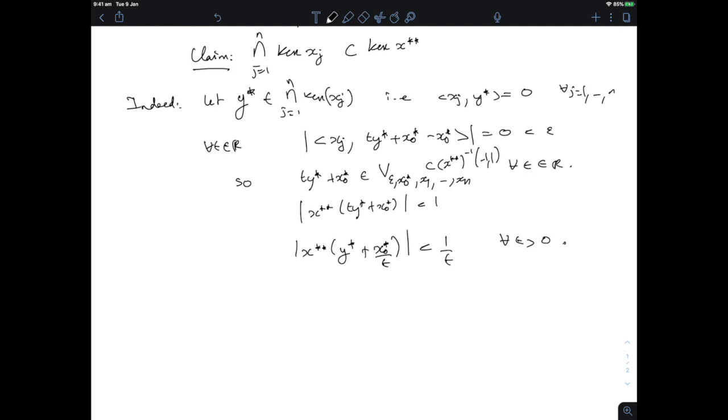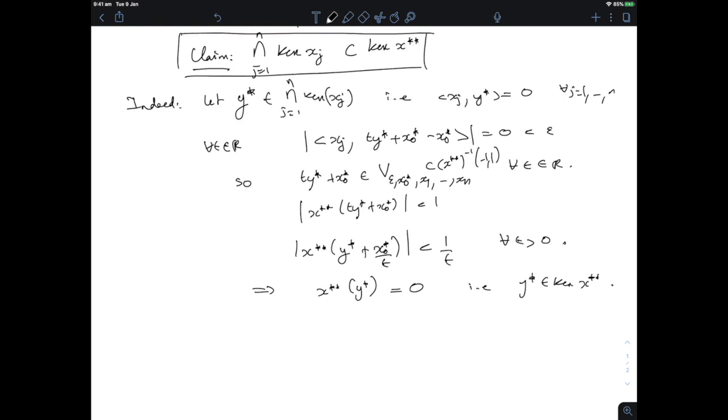And now you can send t to infinity, and this implies that x double star of y star has to be 0. So y star is in the kernel of x double star. Right, so we've proven that claim here.